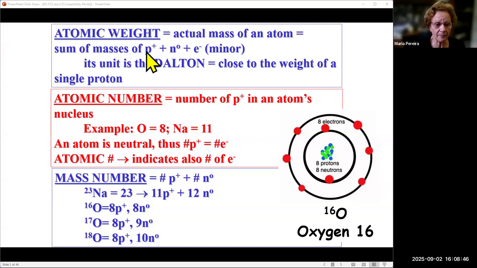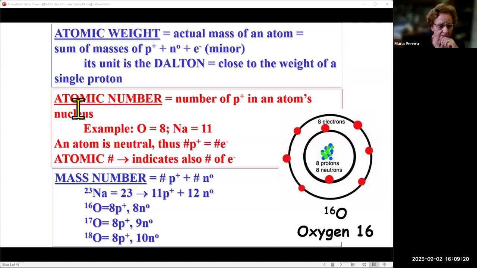So when you add up the mass of protons, neutrons, and electrons, then you can calculate the atomic weight. So the weight of an atom, sorry. And the unit of the atomic weight is Dalton. A Dalton is close to the weight of a single proton. So hydrogen contains only one single proton. So the Dalton could be similar to the weight of hydrogen atom because it contains only one proton.